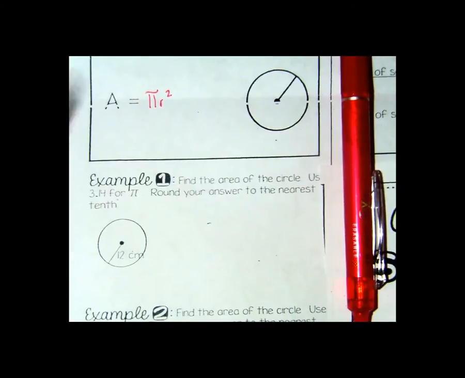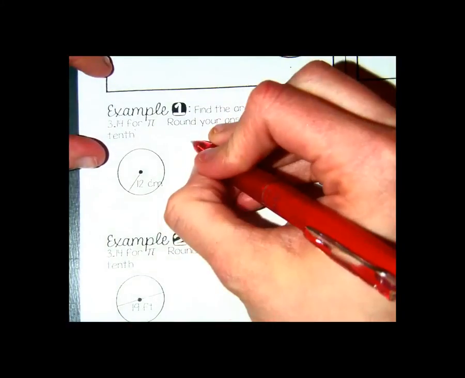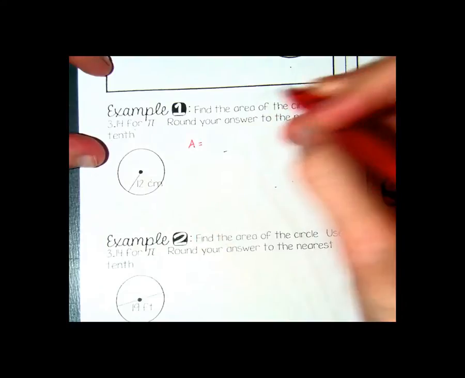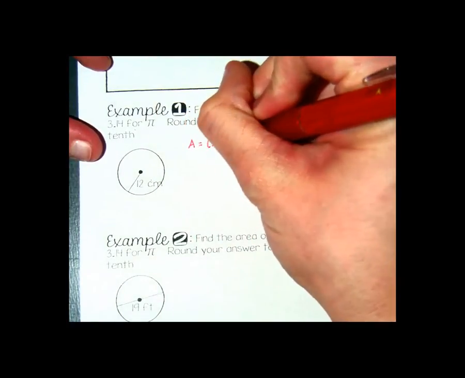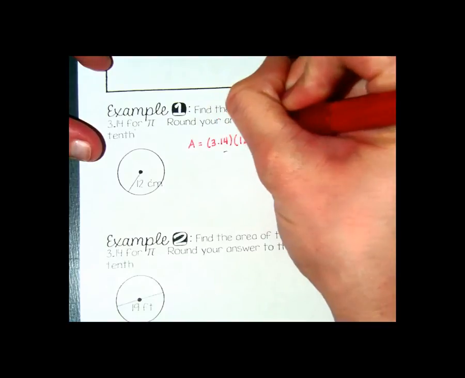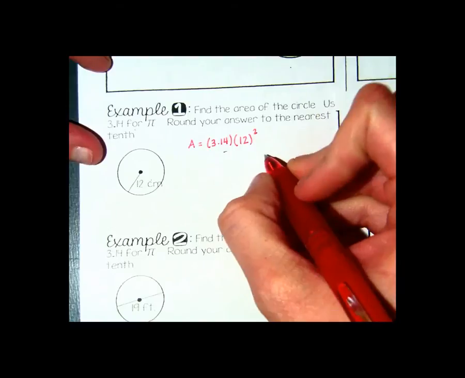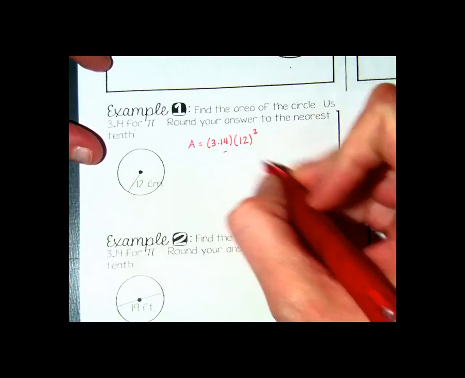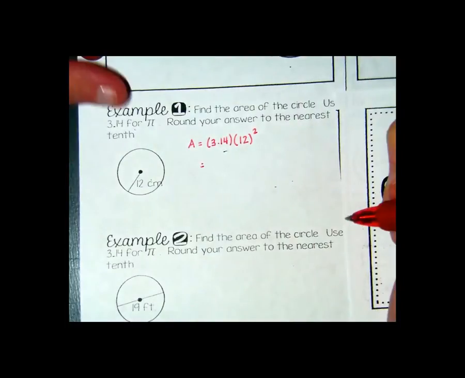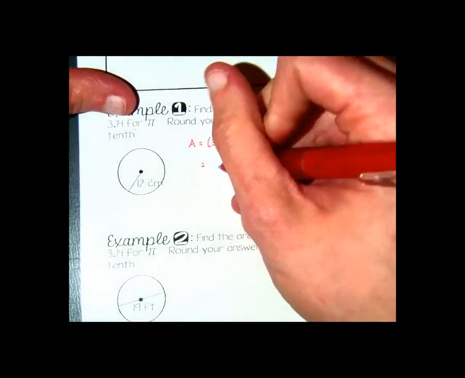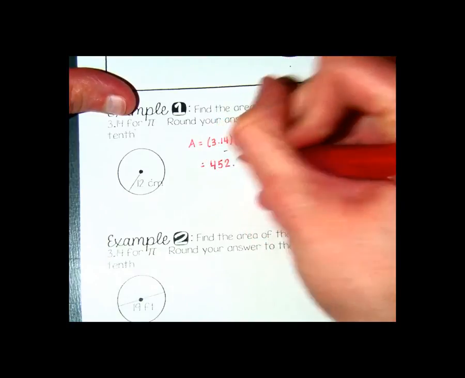Okay. Example 1. Find the area of a circle, use 3.14. So what did you guys set up? Now, you can type all this in at the same time, or you can do it in pieces, but make sure you do 12 squared first because of exponents. What is the area to the nearest tenth? Point what?